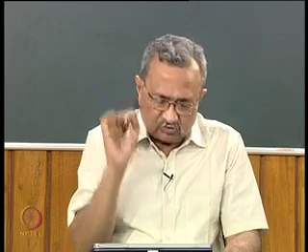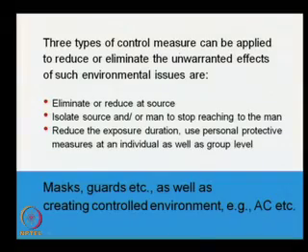Now, there are three types of control measures that can be applied to reduce or eliminate the unwarranted effects of such environmental issues. The first is to eliminate or reduce at the source.